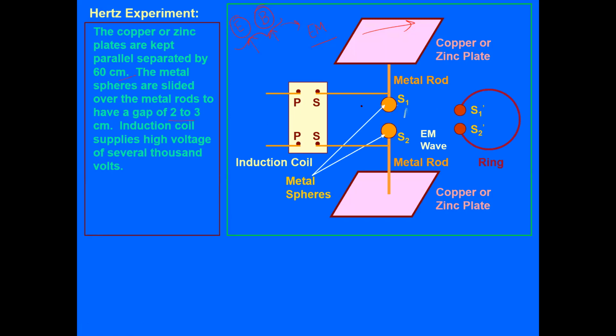That means the gap is not that much. The induction coil supplies a high voltage of several thousand volts. There is a primary coil and a secondary coil, and there is some oscillating current, electric field, magnetic field. This varying electric and magnetic field produces electromagnetic waves.